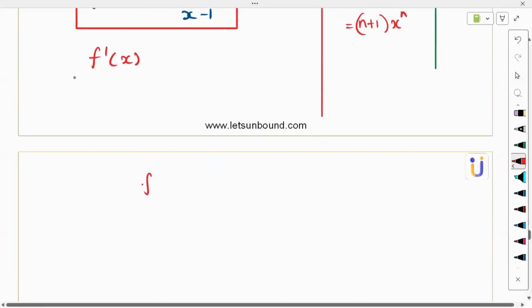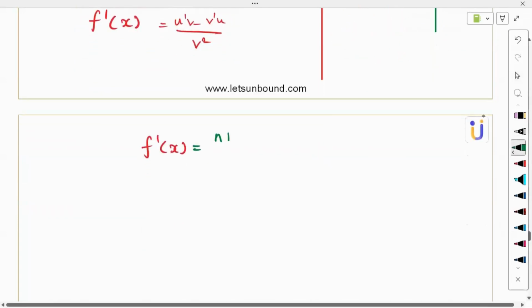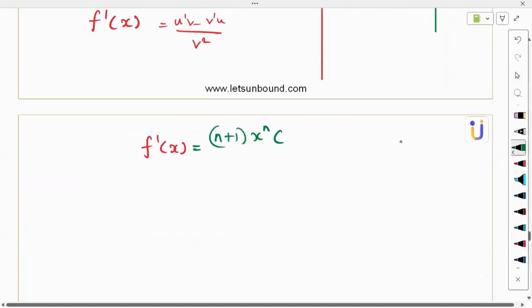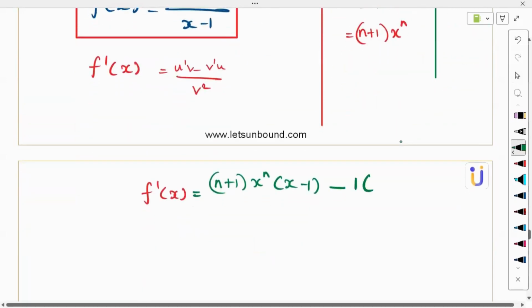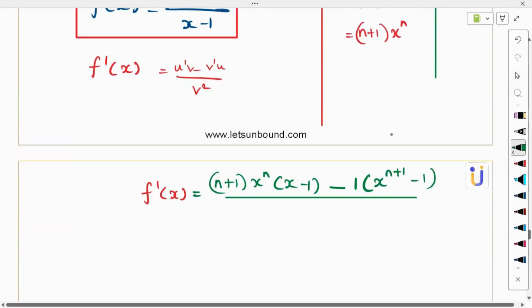Now f dash of x is (u dash v − v dash u) by v square. We know everything, so let's directly substitute. U dash is (n+1) x^n, and v is x − 1, minus v dash, which is 1, into u, which is x^(n+1) − 1, divided by v square, which is (x − 1) the whole square.